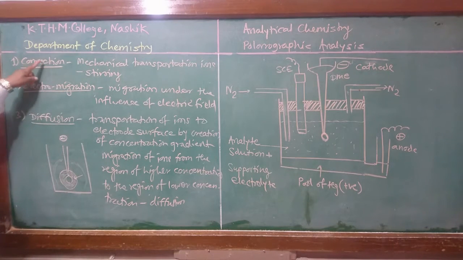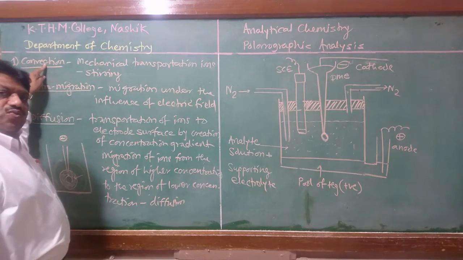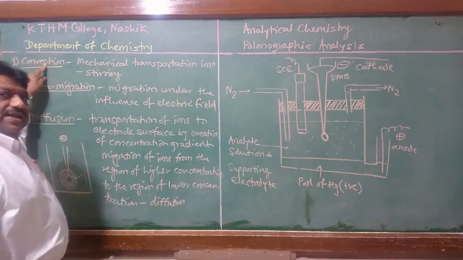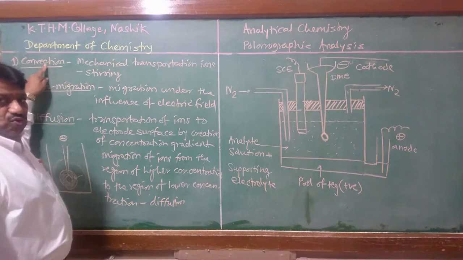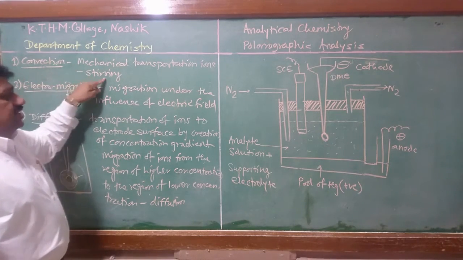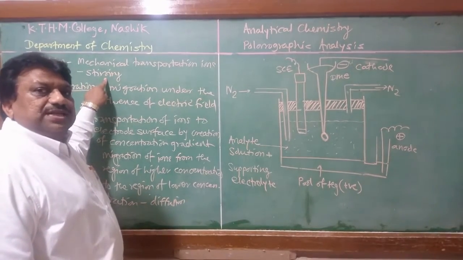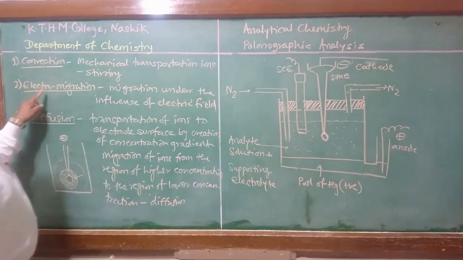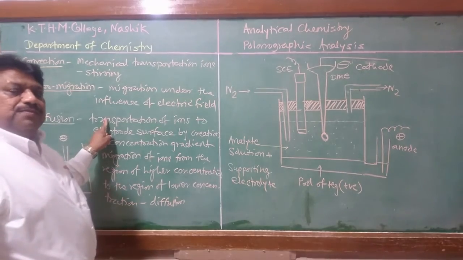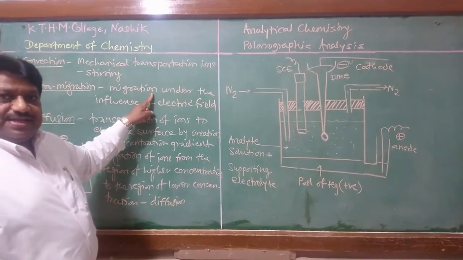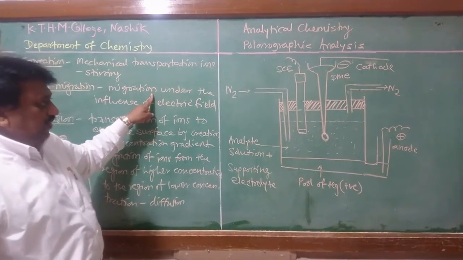But in polarographic analysis, convection is not possible because we are performing polarographic analysis in a quiescent, that is an unstirred, analyte solution. Electromigration and diffusion are the two phenomena possible for transportation of ion to the DME electrode.